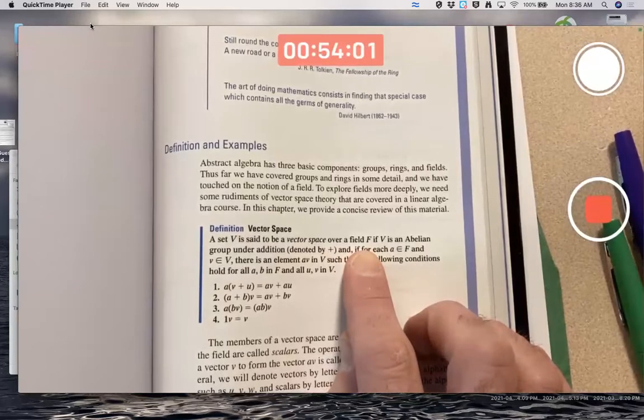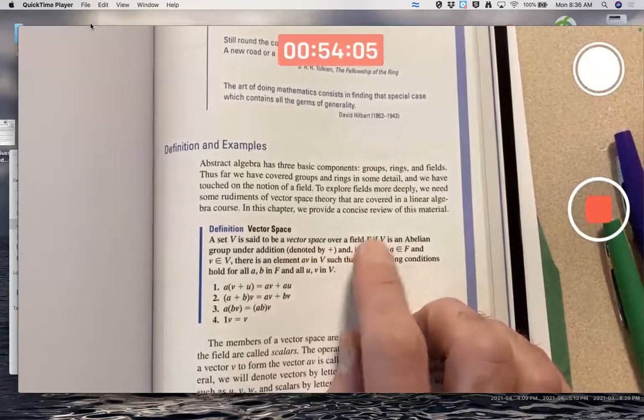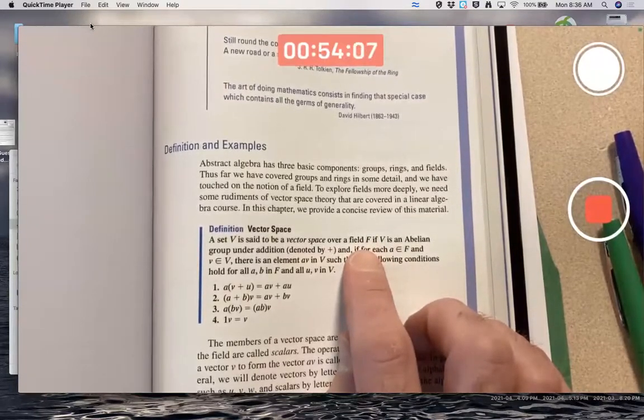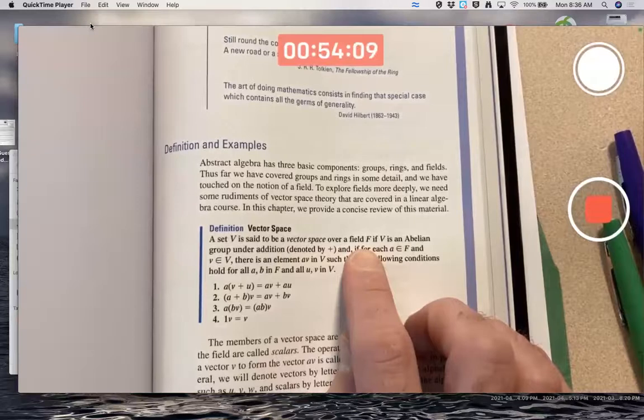But for the most part, the scalars are taken to be real numbers. Here, yes, the real numbers do form a field, so that is one example of a vector space that we can make over a field. But we're allowing any field here. Could be Z2, could be that simple of a field. That's the main difference between this definition and the definition in your linear algebra book.